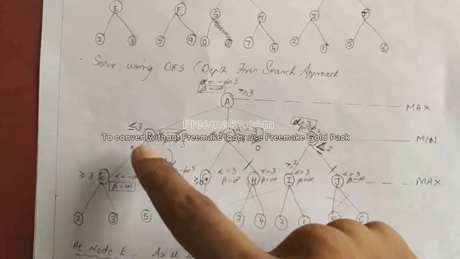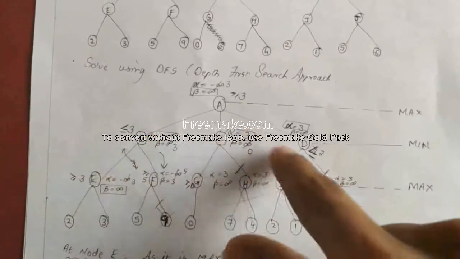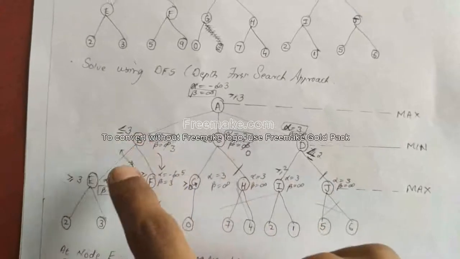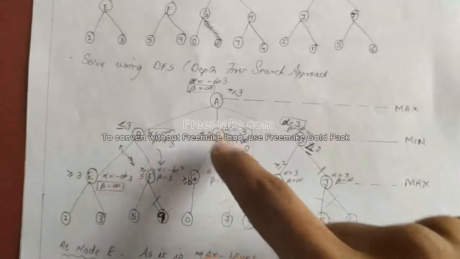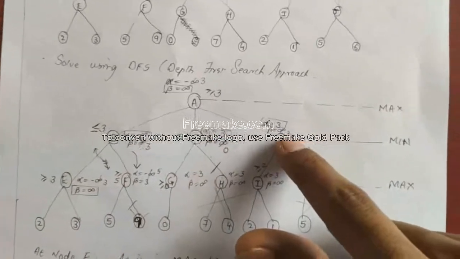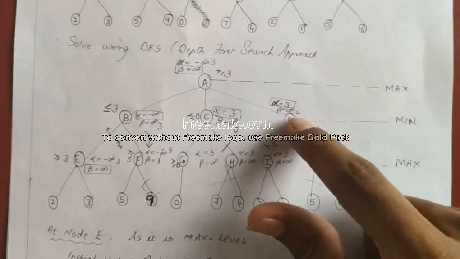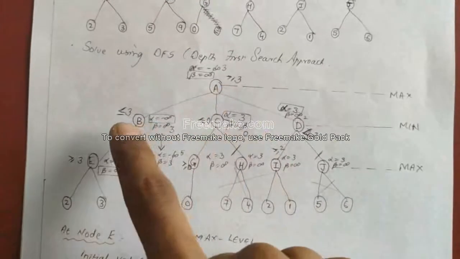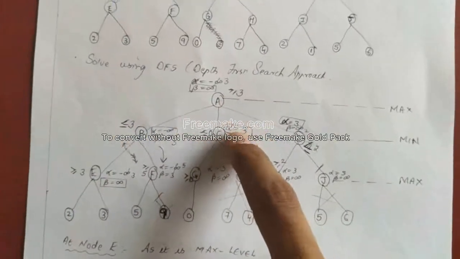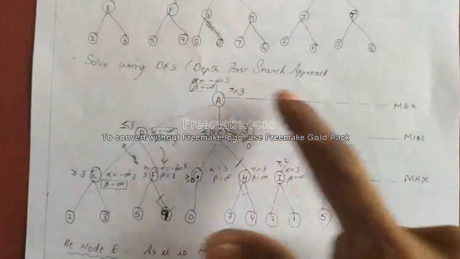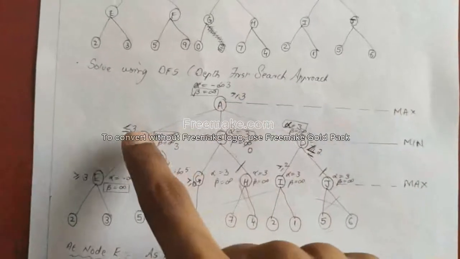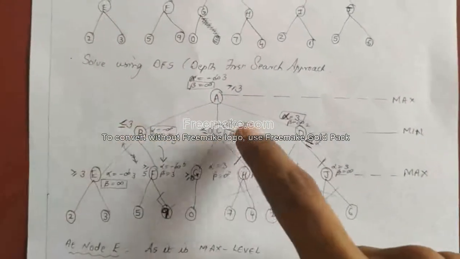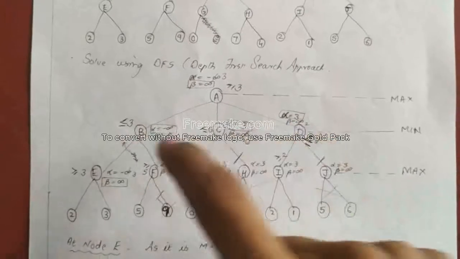So from this example, all these values are the minimum values. That is, 3 is the minimum for node B, and 0 and 3 here. So in order to decide the root node's value, we need to compare which is the maximum among these three. Since the root node is attached to the max case, we need to consider which is the max case.